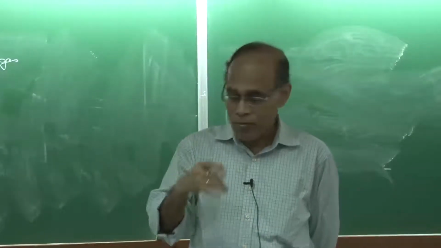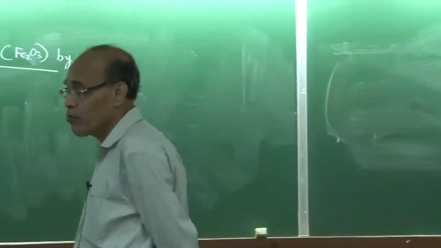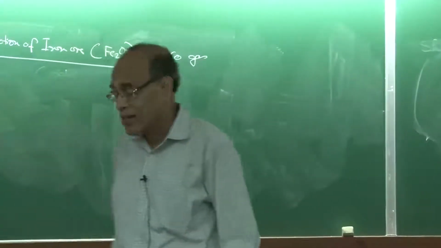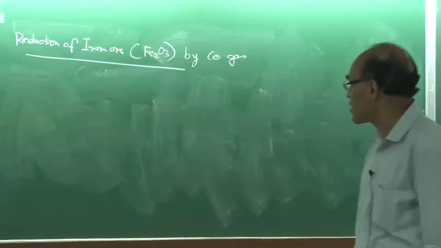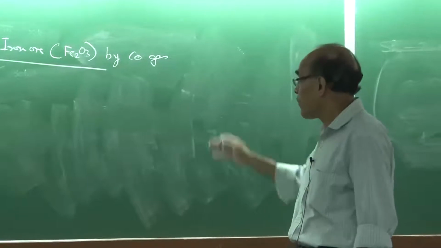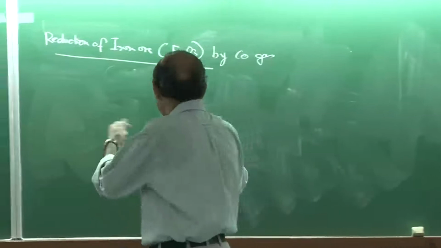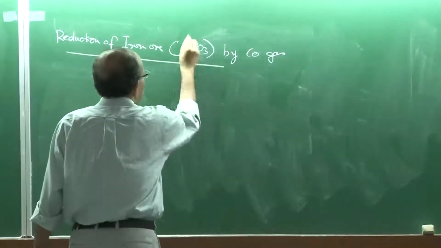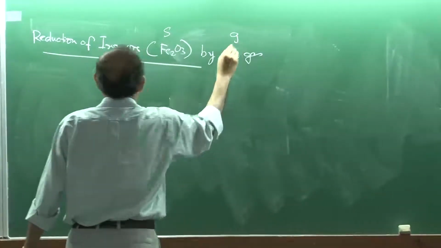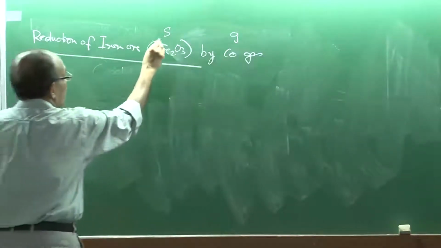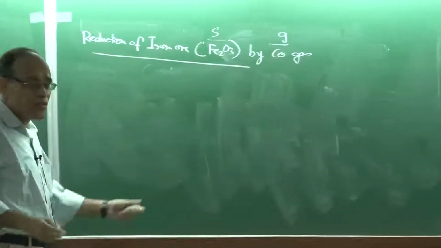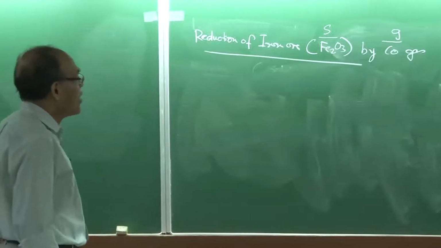And every steel plant tries to produce more and more, because the more you produce, the more money you make. So that is a good business proposition, but that requires understanding of the intricacies of gas. This is a solid and this is the gas, so it is again a gas solid reaction. So this is like mass transfer between a gas and a solid.